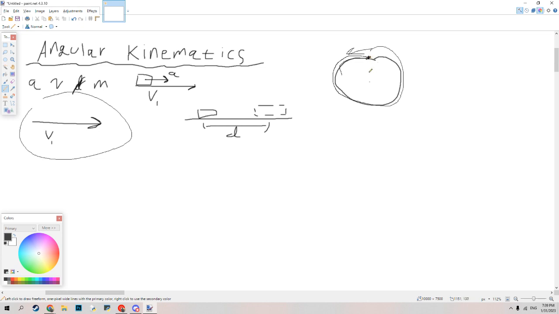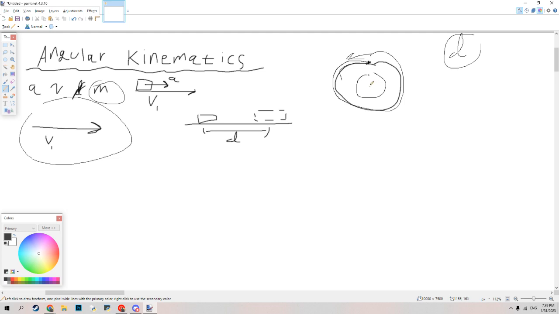Because this point, if it were slightly below with a different radius, would now be moving a completely different amount. So it's very hard to create a universal set of equations for it. Which is why for angular kinematics, you cannot calculate meters or distance in the same fashion.